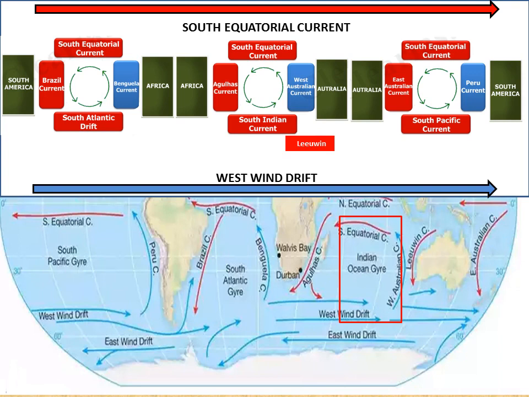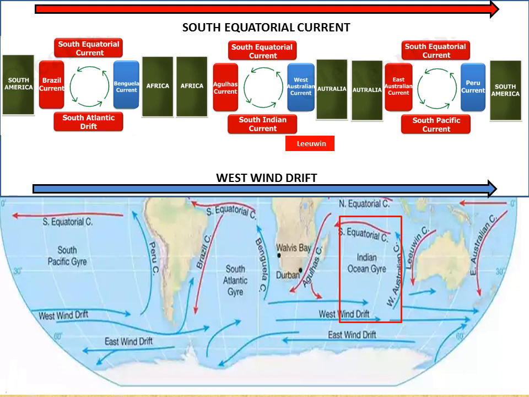Now, what kind of questions can come in the exam? UPSC will not ask you directly which current is warm or which is cold. It can give you a question, for example, that the Brazil current flows between which two continents, and whether it is a warm current or a cold current.